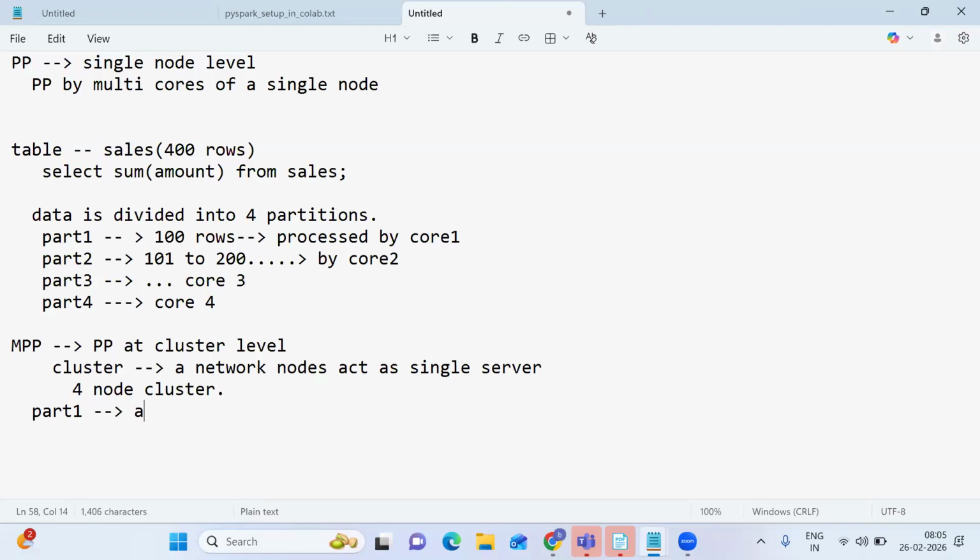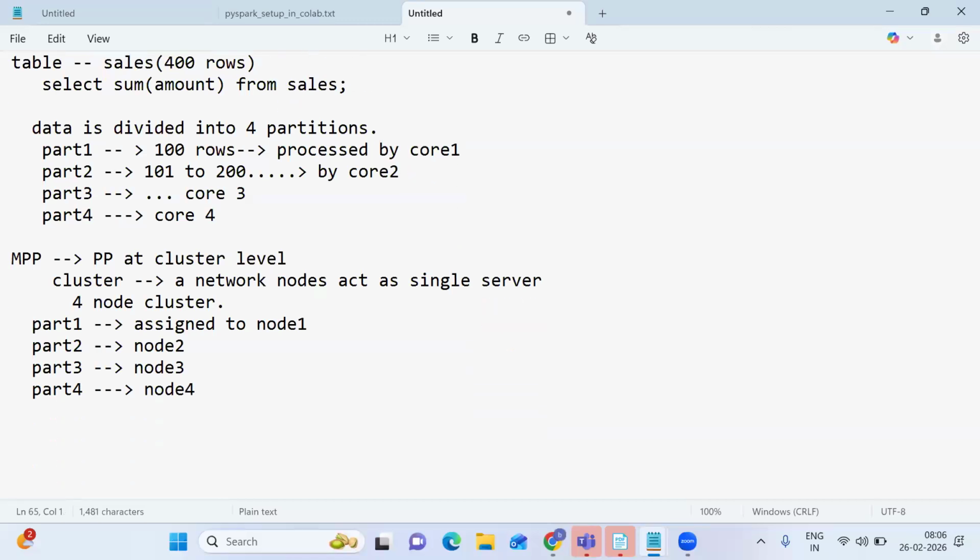Partition 1 is assigned to node 1. Similarly, partition 2, node 2. Partition 3, node 3. Same style, partition 4, node 4. Now these 4 machines will be processing in parallel.